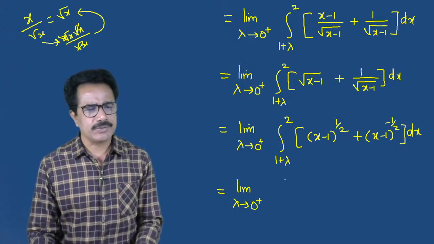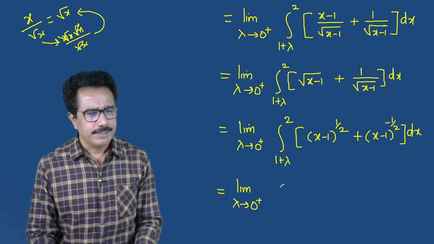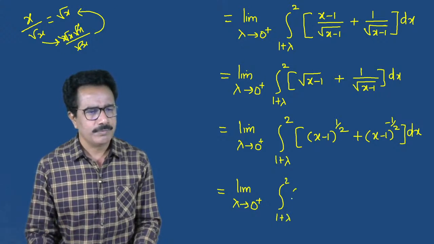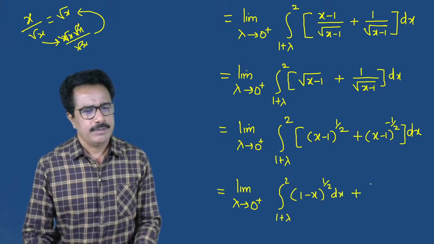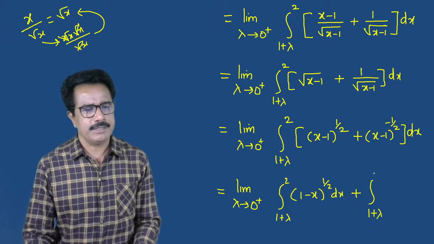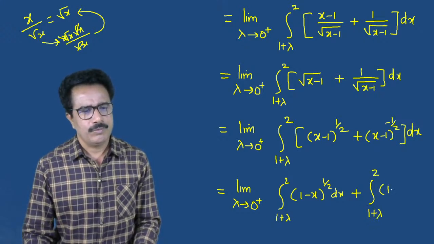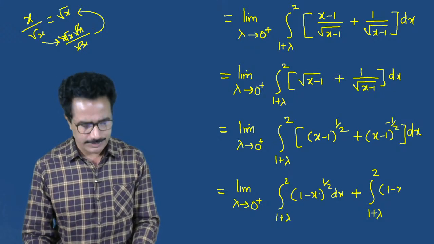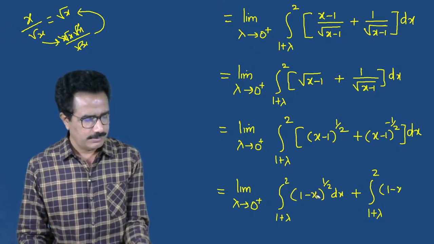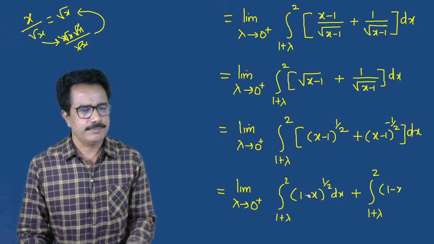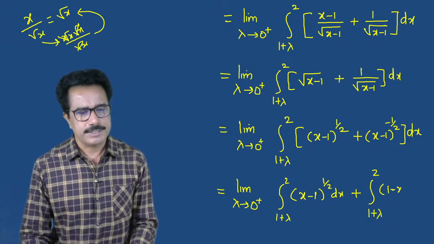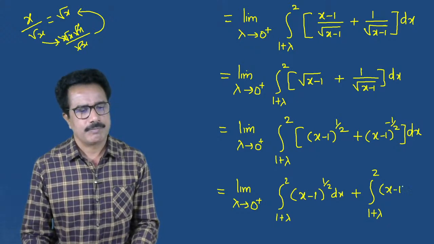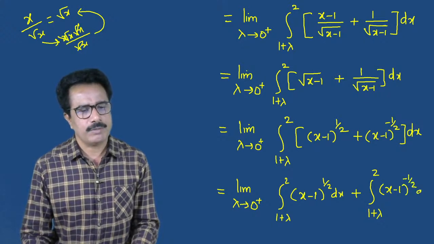हे तुम्ही लिमिट सेपरेट करू शकता किंवा डायरेक्ट व्हॅल्यू सेपरेट करा. इंटिग्रल फ्रॉम 1 प्लस लॅम्बडा टू 2 x minus 1 ब्रॅकेट रेज टू 1 बाय 2 dx प्लस इंटिग्रल 1 प्लस लॅम्बडा टू 2 x minus 1 ब्रॅकेट raised to minus 1 by 2 dx.